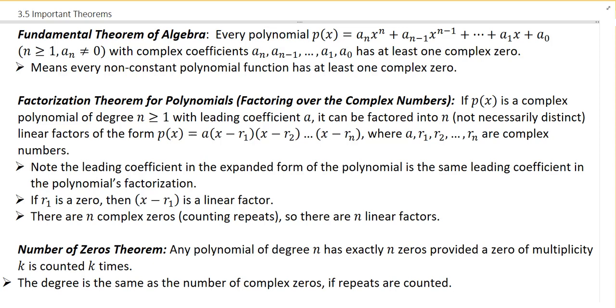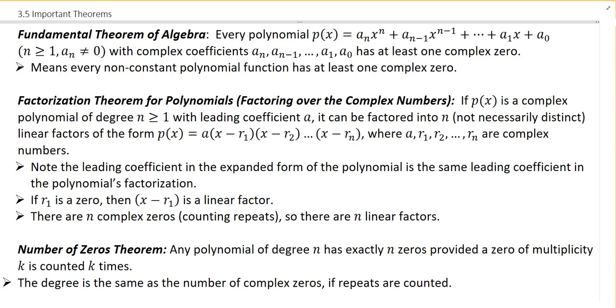But if you take a polynomial of degree n, and we'll say in this case n has to be greater than or equal to 1, then when you go to do its factorization, the leading coefficient that was the leading coefficient prior to it being factored will remain the leading coefficient in its factorization. And so that's our a value that you see listed here.